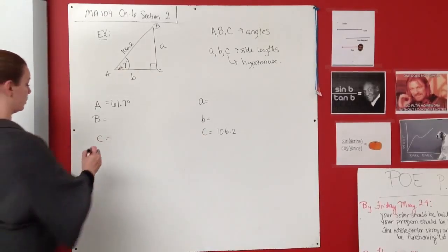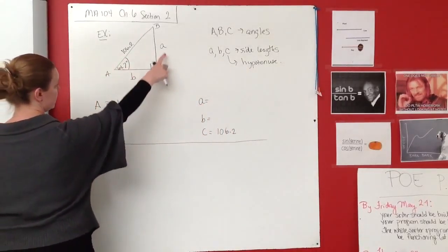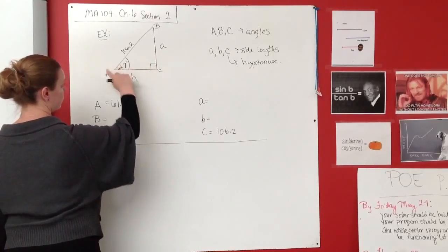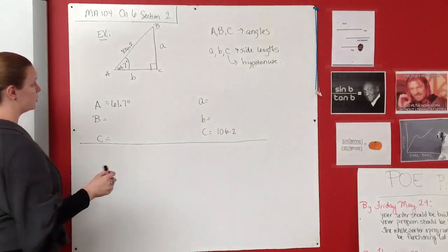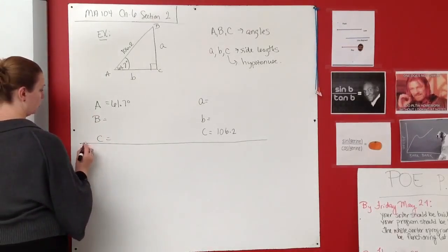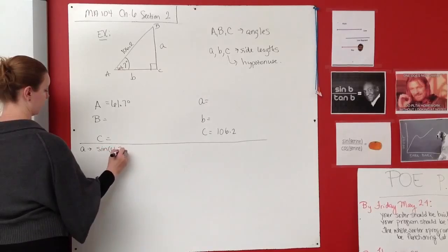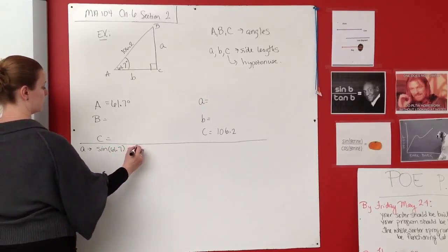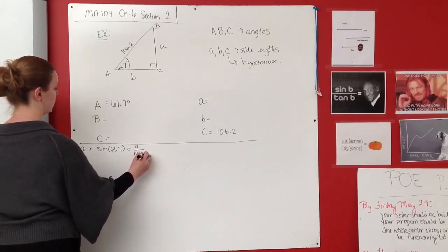So we're going to use our trigonometric functions. Let's start by finding the lengths of sides a and b. So we know the hypotenuse, and we're going to look for the opposite side first. The trig function that deals with hypotenuse and opposite is sine. So for the length of side a, we're going to take the sine of the angle 61.7, and set it equal to a divided by the hypotenuse, which is 106.2.